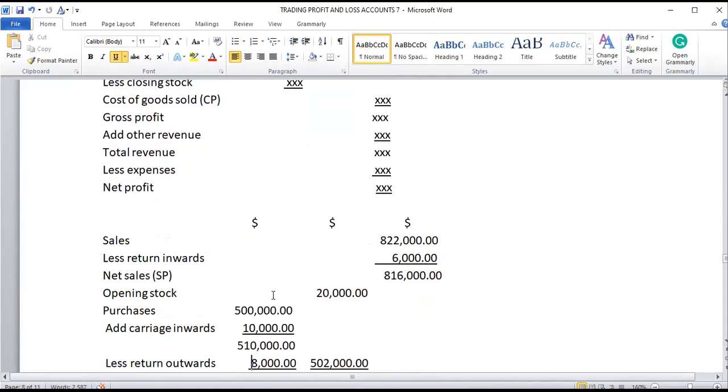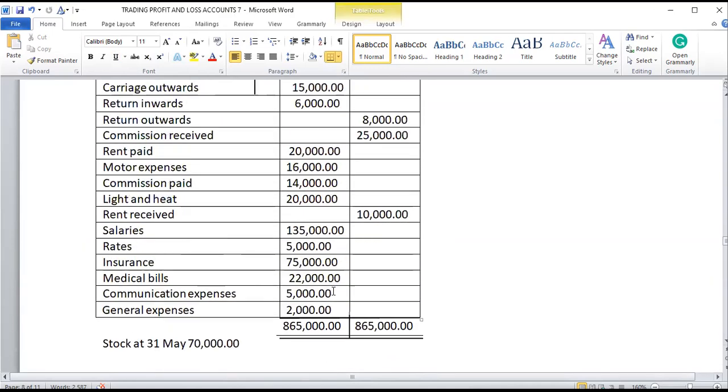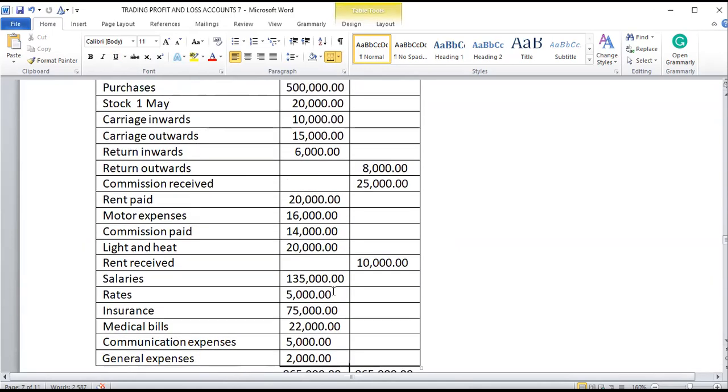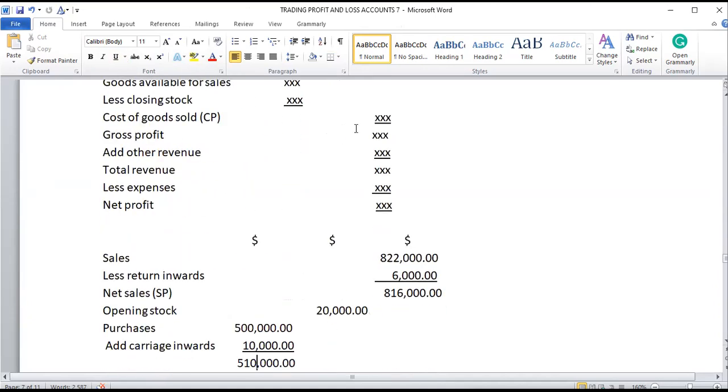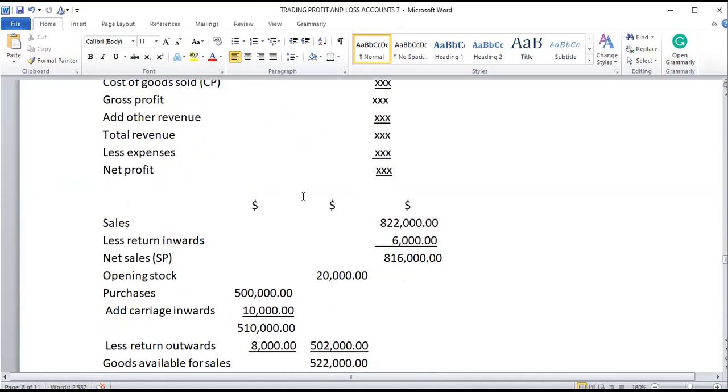Then you take your opening stock, $20,000. So when we come here, this is our opening stock, $20,000. Then your purchases, which is $500,000.